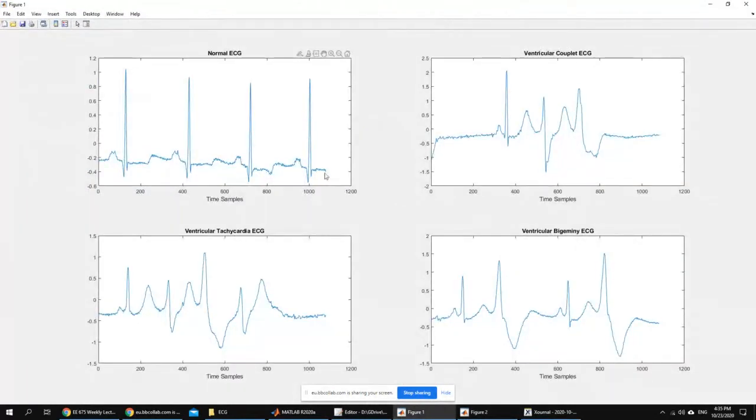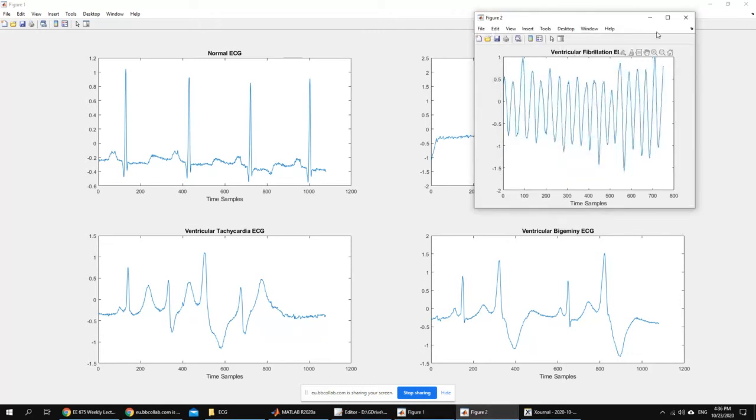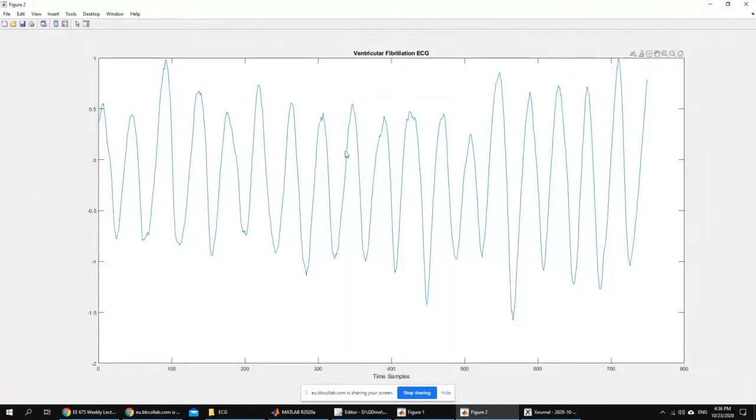We noticed that we have 4 types of signals: normal, ventricular couplet, ventricular tachycardia, and ventricular bigeminy. They have 1080 samples in 3 seconds, so the sampling rate is 360 samples per second. For the 5th signal, ventricular fibrillation, the sampling rate was 250 samples per second.